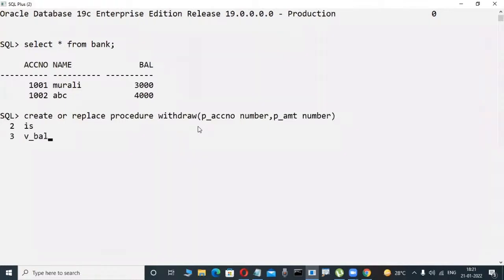I want to find out the balance. Whenever we insert an ATM card and try to withdraw, it checks the balance. Concentrate here. Select balance into v_balance from bank where account number is equal to something.